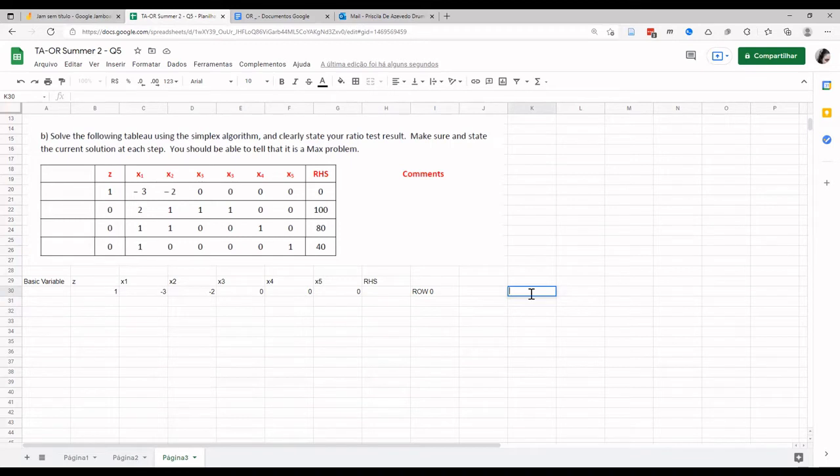So now we know that we are in a feasible region of our problem. And because of that standard form for the slack variables, we know that those are the basic variables in this iteration, and the non-basic variables that are equal to 0 are x1 and x2. We know that because of the form they present themselves. They are not in this form of 1 in one row and 0 in all the others.